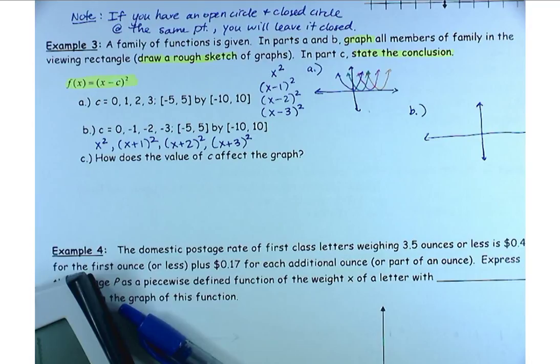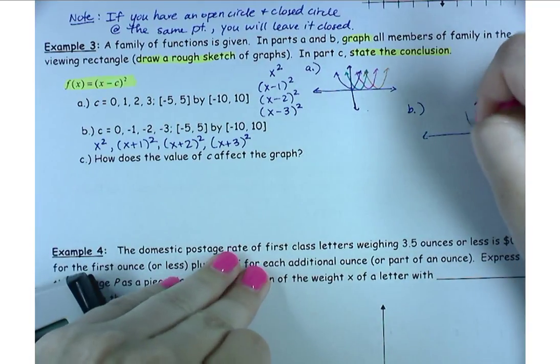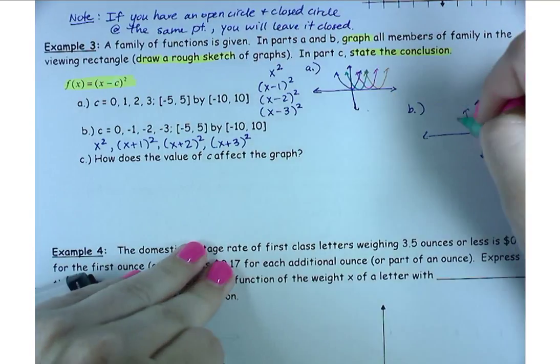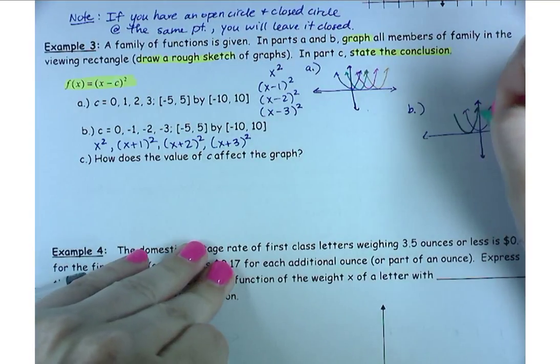So then for part B, I still have my x squared, but then it shifted to the left.